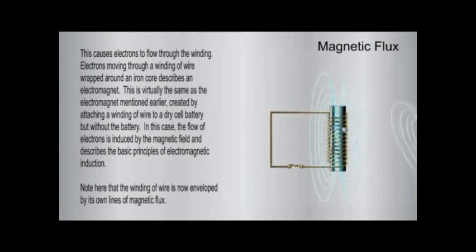This is virtually the same as an electromagnet created by attaching a winding of wire to a dry cell battery, but without the battery. In this case, the flow of electrons is induced by the magnetic field and describes the basic principles of electromagnetic induction. Note here that the winding of wire is now enveloped by its own lines of magnetic flux.